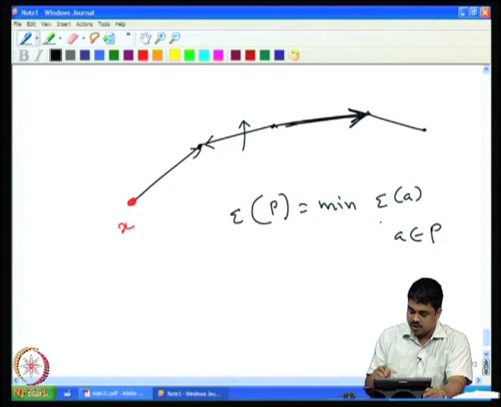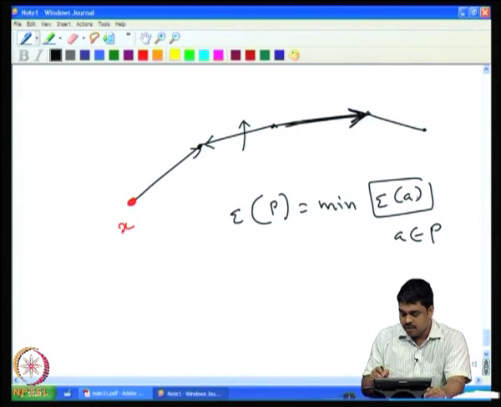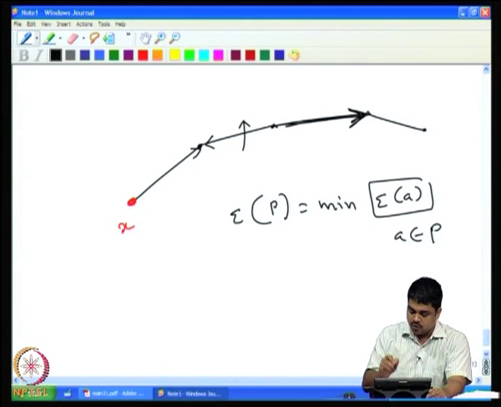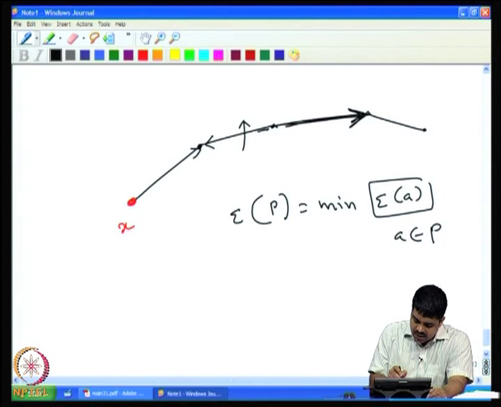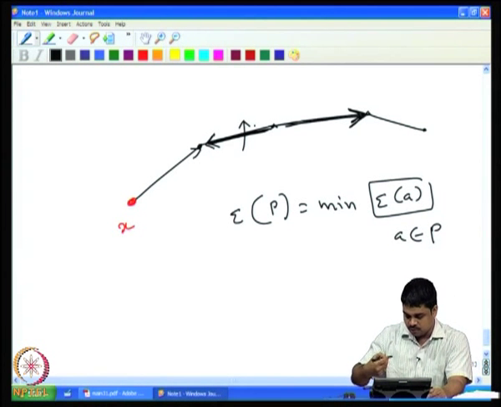If it is a forward edge, the value of epsilon is what is left, that means capacity of A minus the flow value on A, and if it is a backward edge, it is just the flow value of A, because what we are thinking is to reduce the flow there.